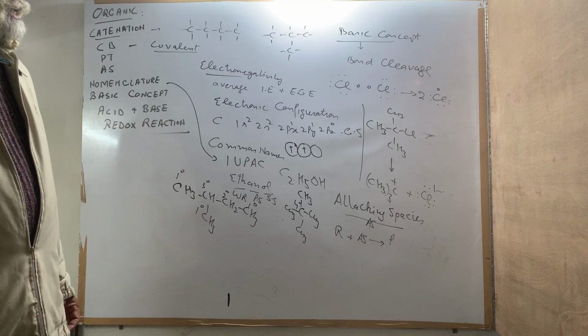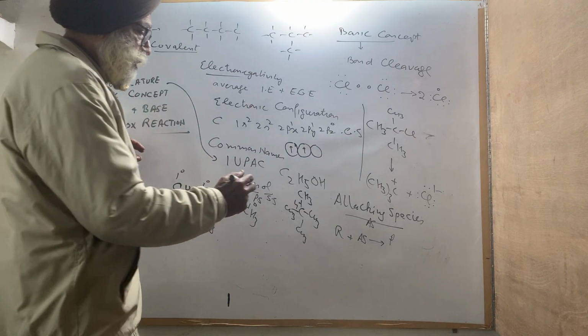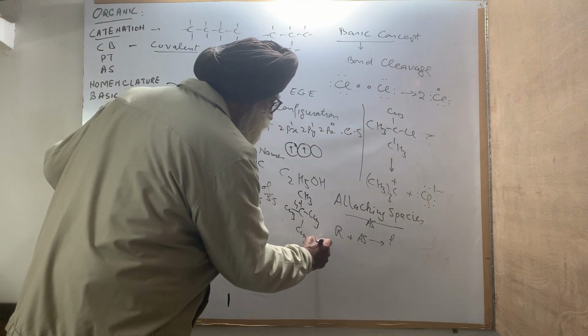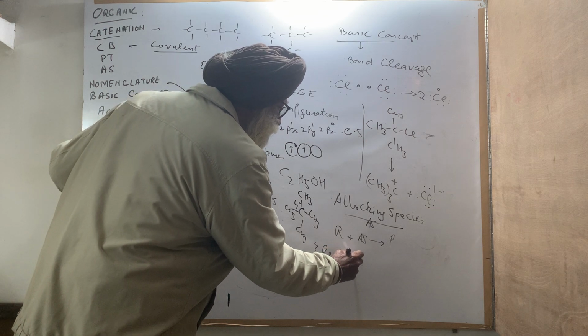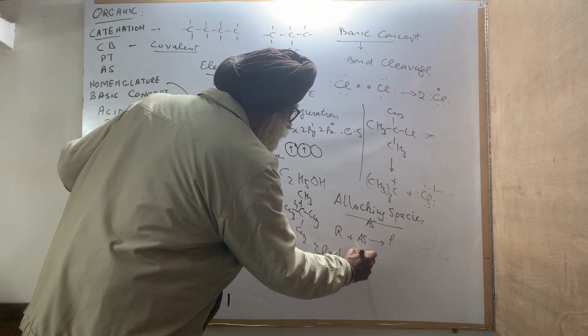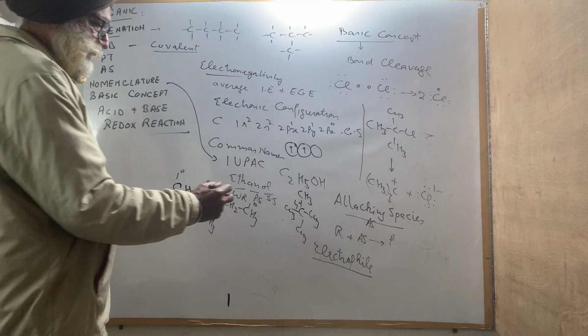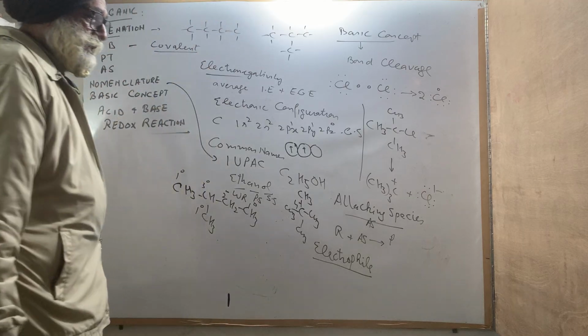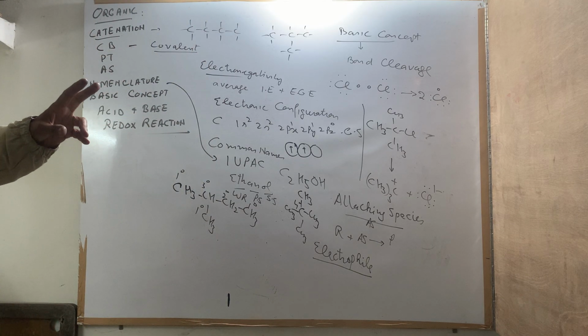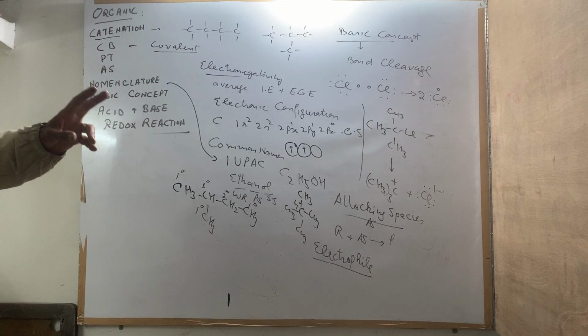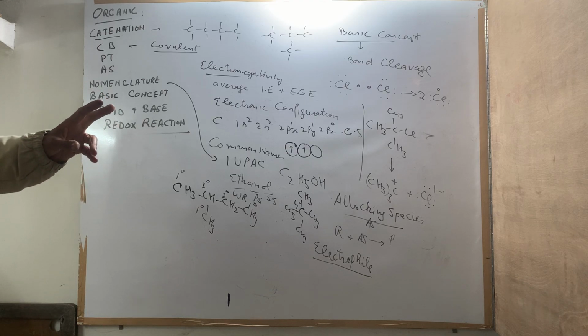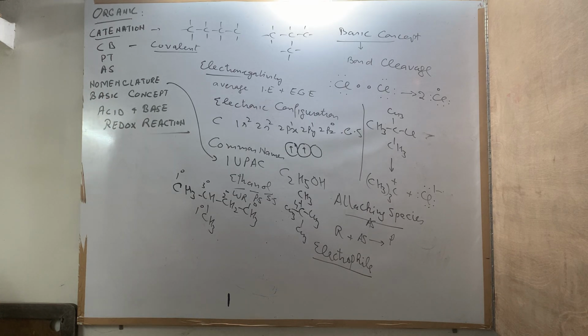In that case, we are having the electrophile. This is an electron-seeking, positively charged or electron-deficient molecule. So this is a positively charged species or it is an electron-deficient species.